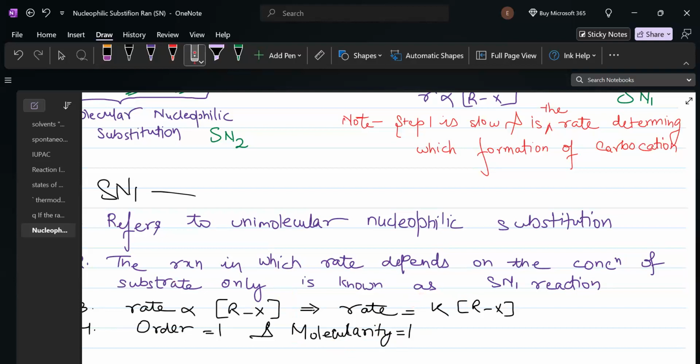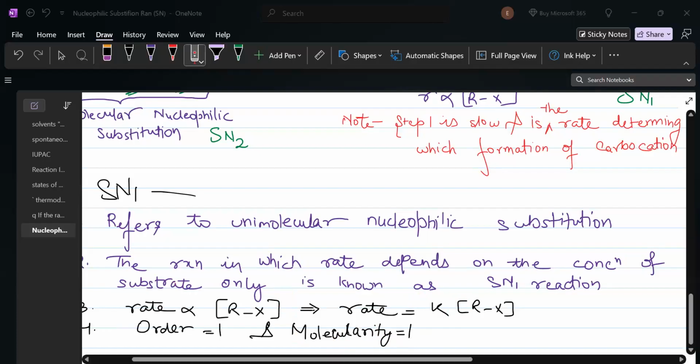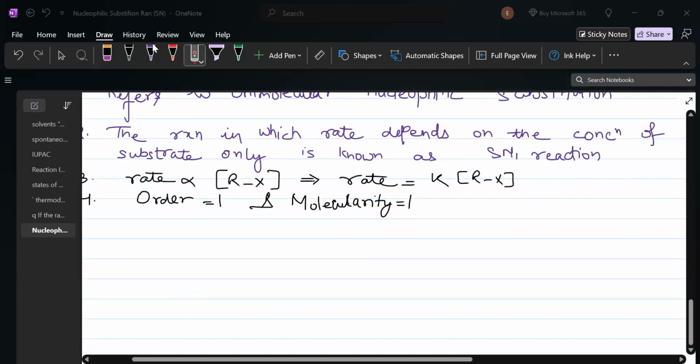Got it? Yes, sir. Okay, now we will see the mechanism.